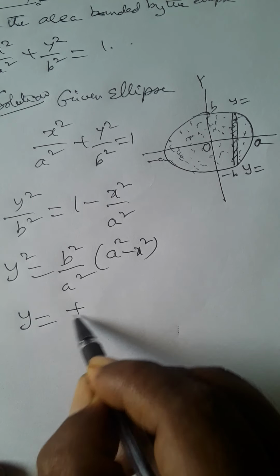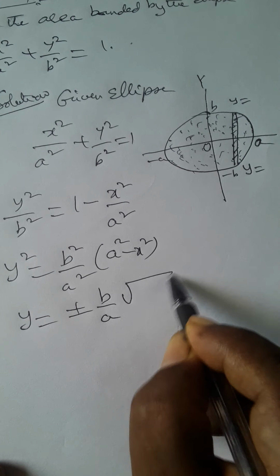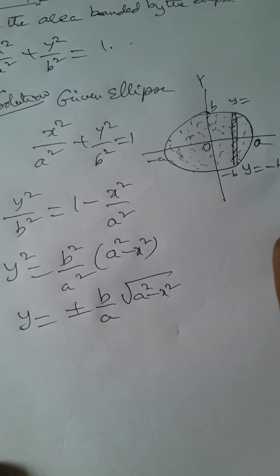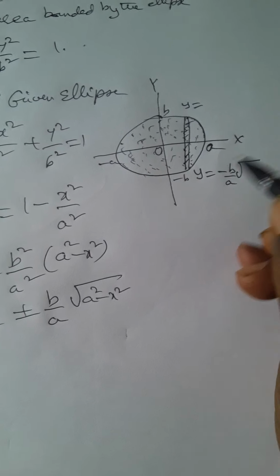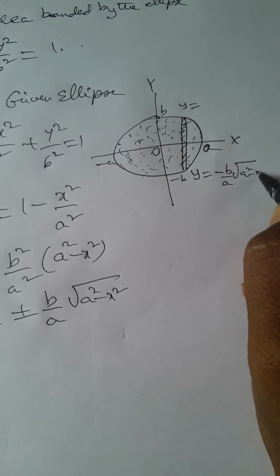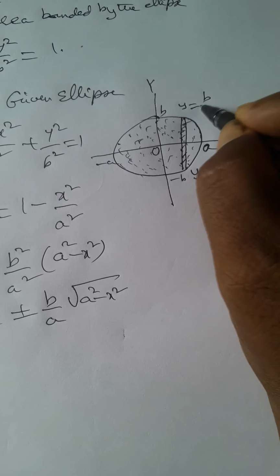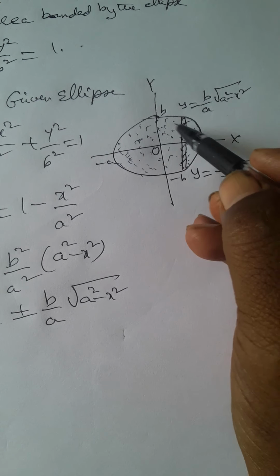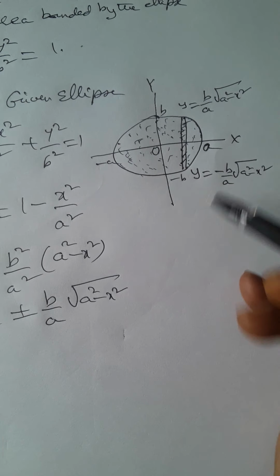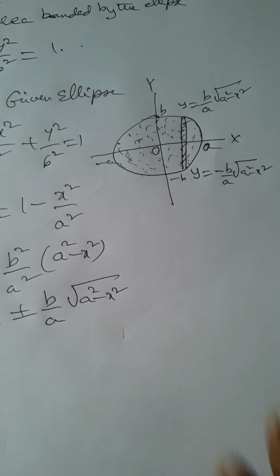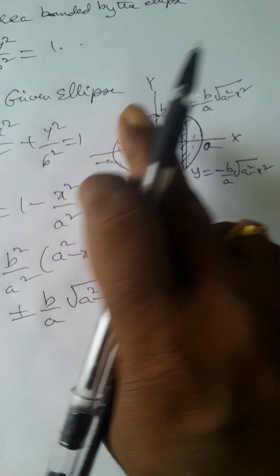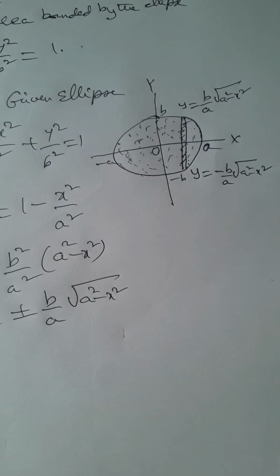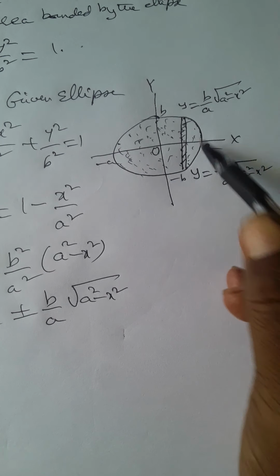From this y is equal to plus or minus b by a root of a square minus x square. Y is positive in the first quadrant and negative in the fourth quadrant, so using plus and minus signs this way we get the y limits.